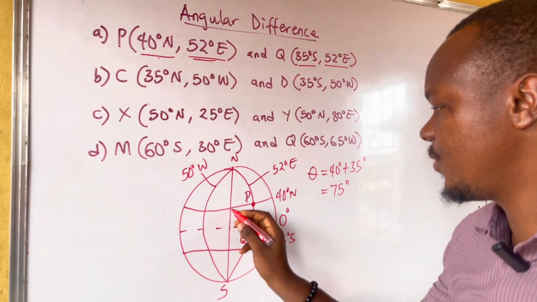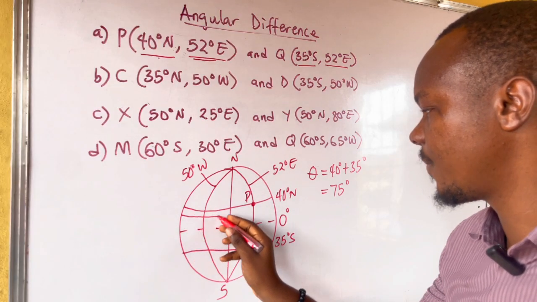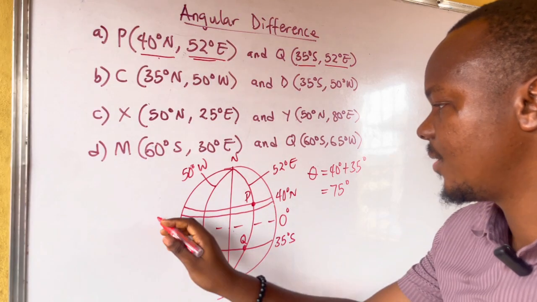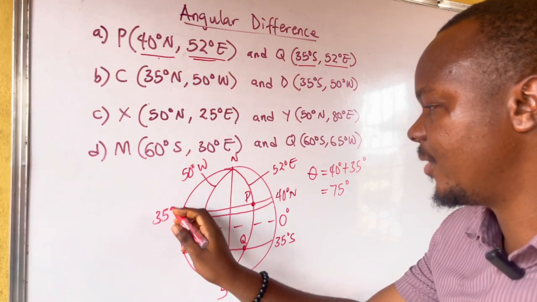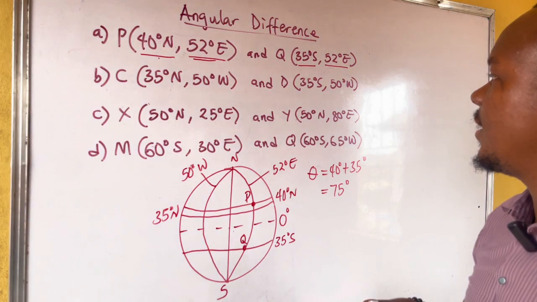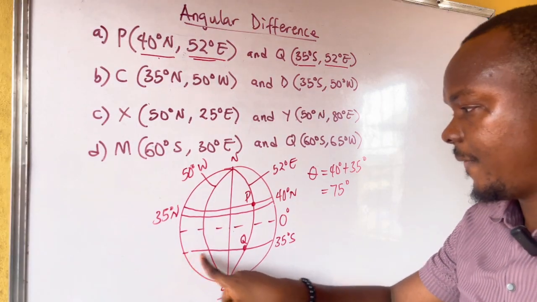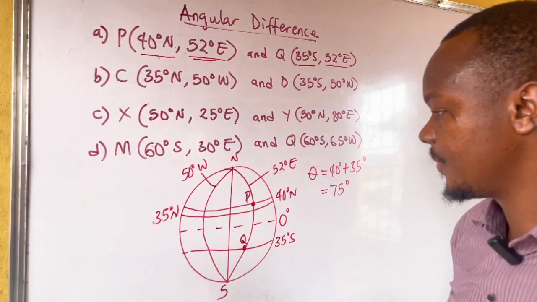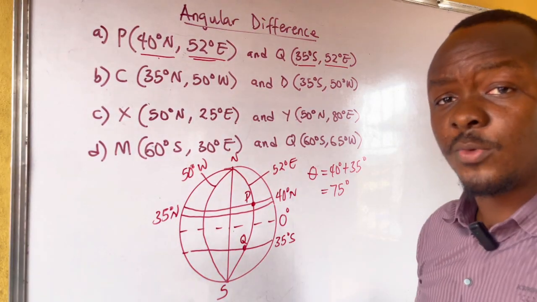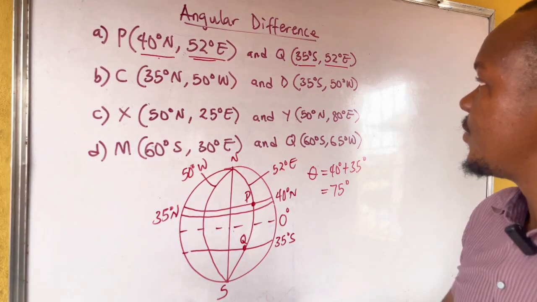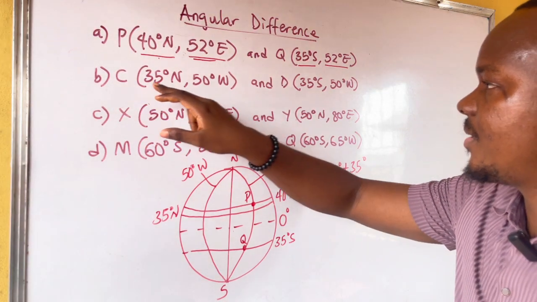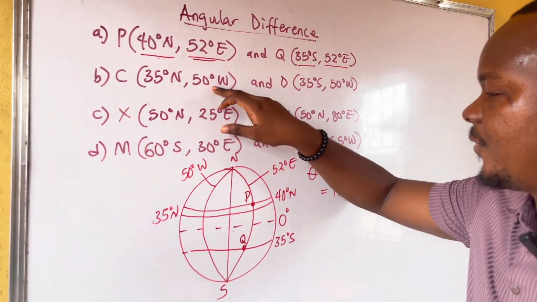Maybe this is from 0 to 90, so 35 degrees will be below 40 degrees. So 35 degrees north. Then 35 degrees south, exactly where this other one was. So 35 degrees south, you already have it drawn. So C is 35 degrees north and 50 degrees west.